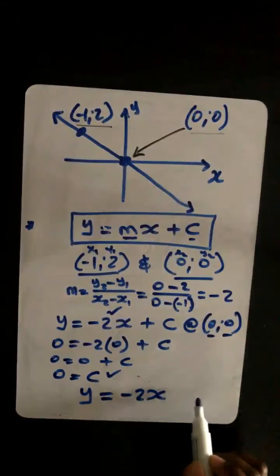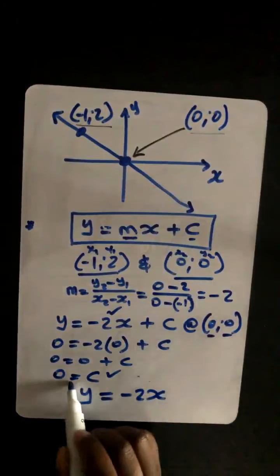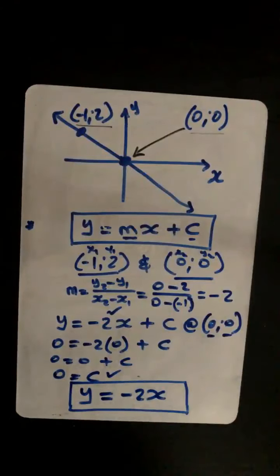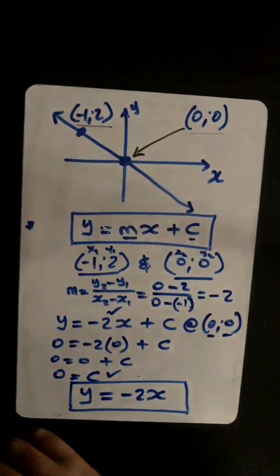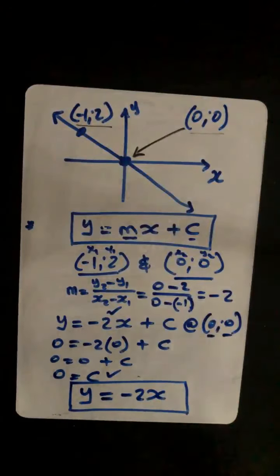There's no need to write that plus 0, so you just leave it as it is. Did that make sense to everyone, guys? Is there someone who's got a question before we move to the next part of your homework?